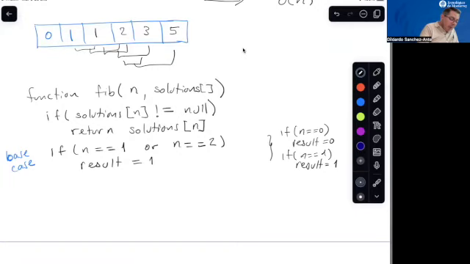But if it is not the base case, then I will have to do else Fibonacci of, I will have to compute that the result is going to be Fibonacci of n minus 2 plus Fibonacci of n minus 1.